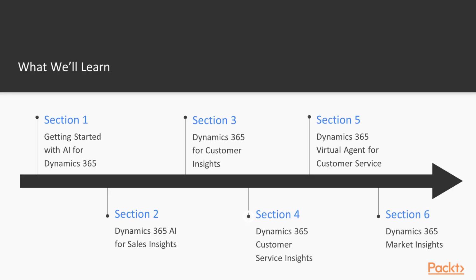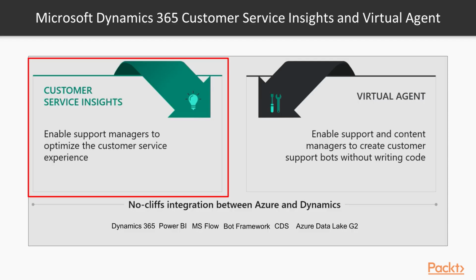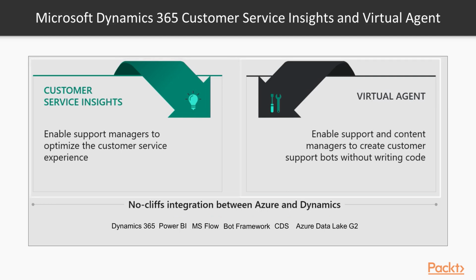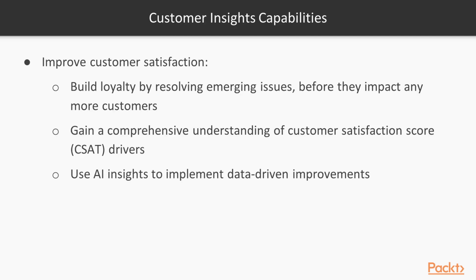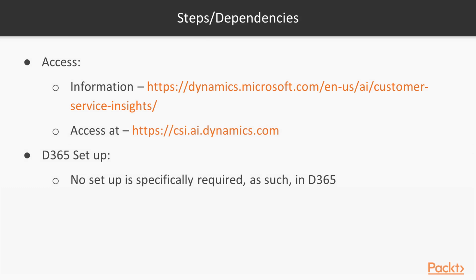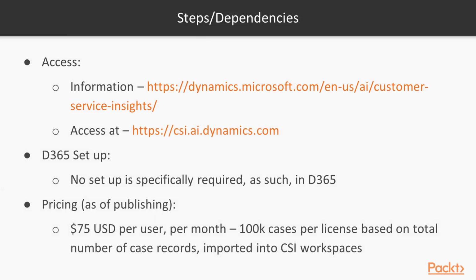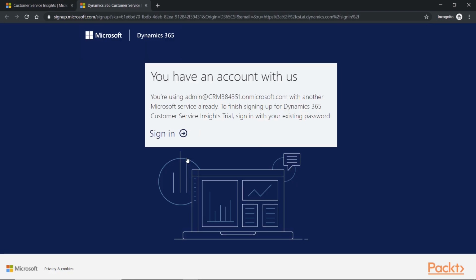In section 4, we'll then move into Dynamics 365 for Customer Service Insights. And here's where we can look at the capabilities which can help power and provide better insights into customer service organizations. These kind of capabilities will include the ability to spot emerging trends. And we'll see how the AI is able to do what would be very difficult for normal people to do by taking unstructured topics and grouping them into similar types of groups.